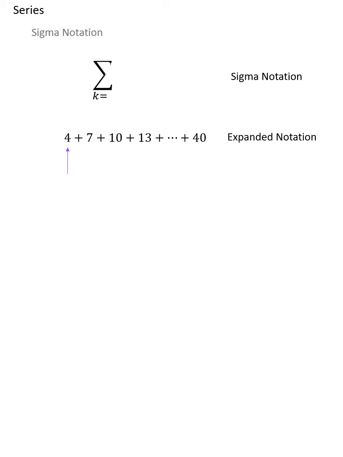I need to create the sigma notation. Let's call this K equals 1. Let's call this the term that corresponds to K equals 2, or this the term that corresponds to 3, and this the term that corresponds to K equals 4, and so on. In other words, I need an algebraic expression where when I plug in K equals 1, 2, 3, and 4, I get 4, 7, 10, and 13, respectively.